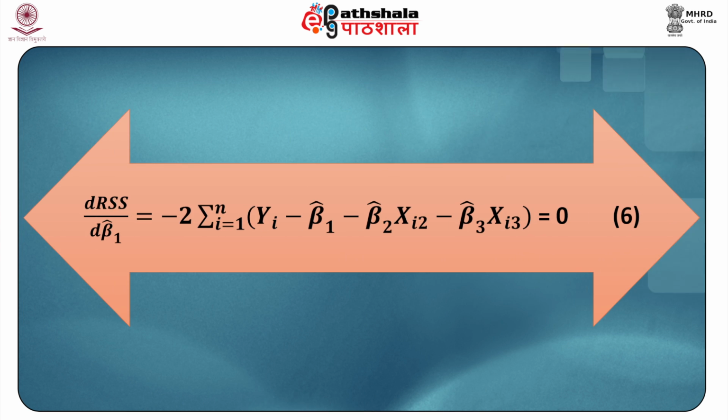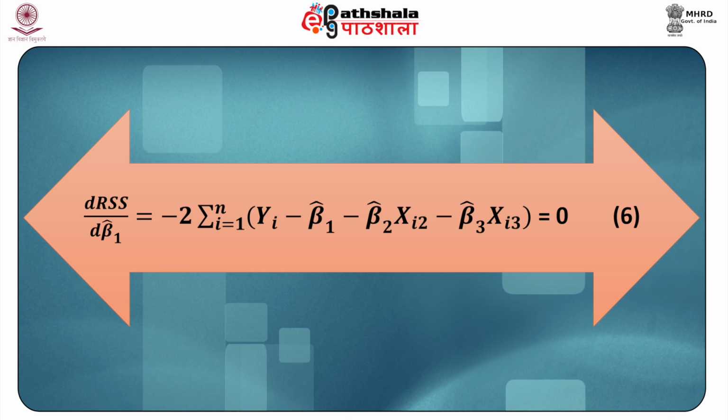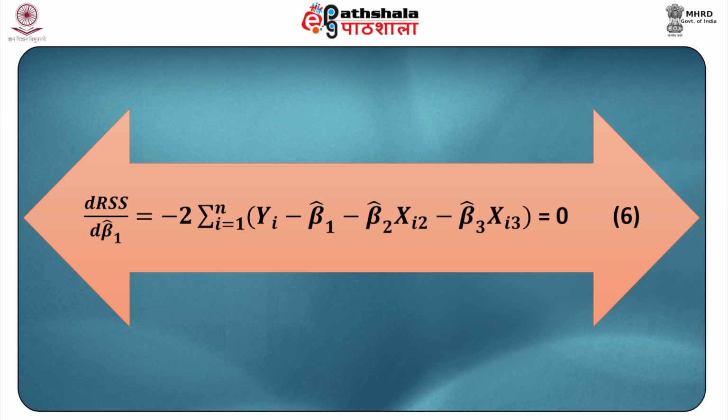So if you take the partial derivatives and try to minimize the sum of the squares of the errors, then we take the derivative of this residual sum of the squares with respect to beta 1, beta 2 and beta 3. What we find is the derivative of RSS with respect to beta 1 hat is equal to minus 2 into sigma of yi minus beta 1 hat minus beta 2 hat xi2 minus beta 3 hat xi3 is equal to 0.